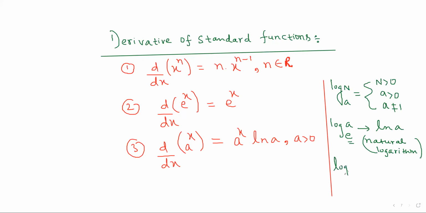Or log a to the base 10, simply log a with base 10, is called common logarithm. Base e is called natural logarithm and base 10 is called common logarithm.